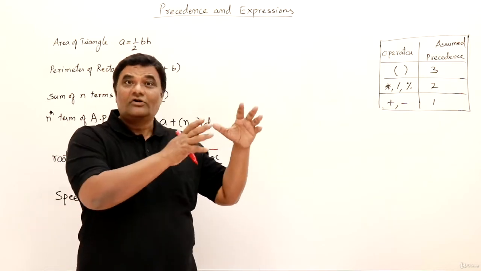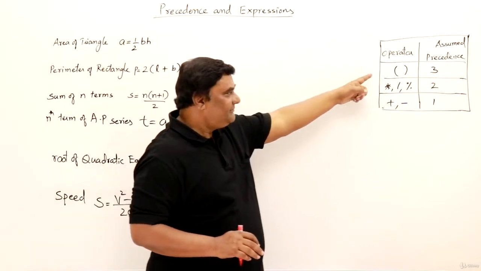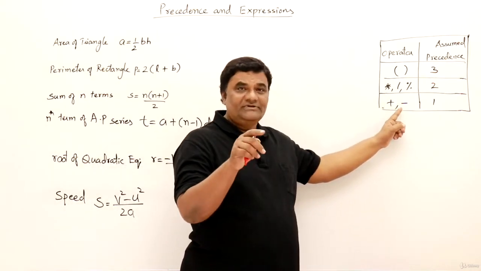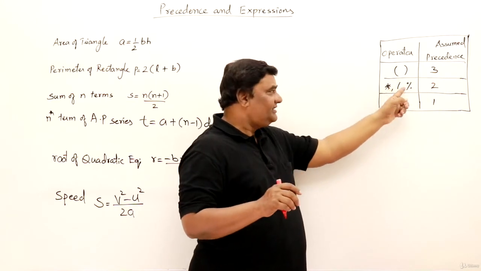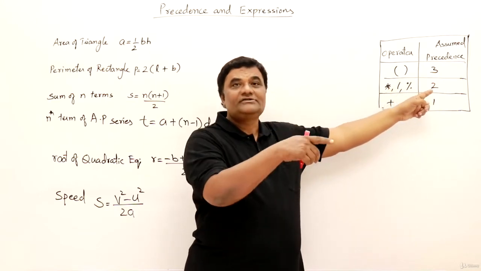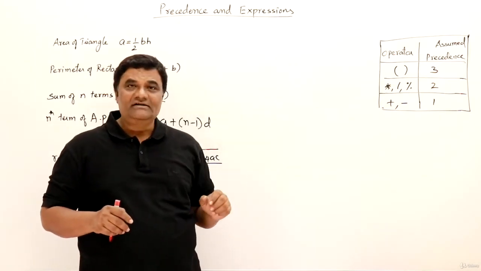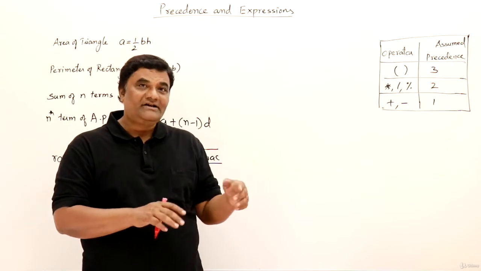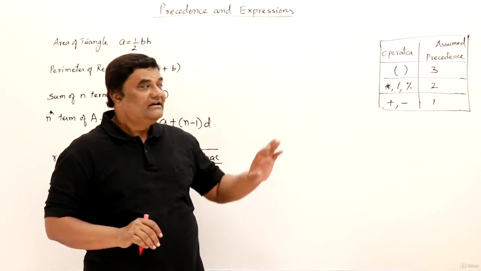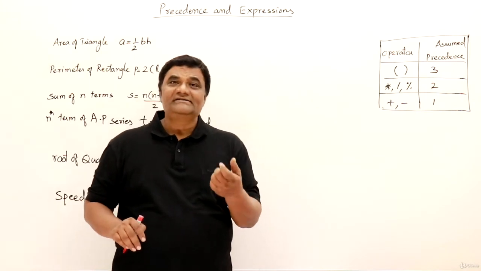We are not looking at all the operators in C++, only a few, so I have made them in the form of a table. Assume that the precedence of addition and subtraction is 1, the precedence for multiplication, division and mod is 2, and the bracket is 3. So these numbers show that the bracket has the highest precedence and addition and subtraction have the lowest precedence among these operators.